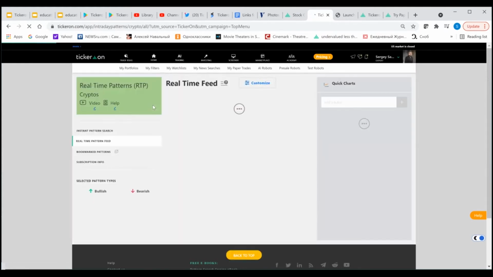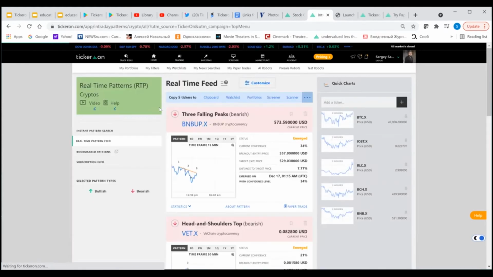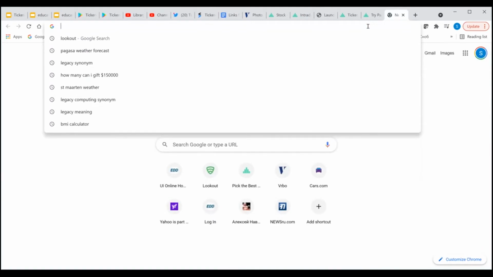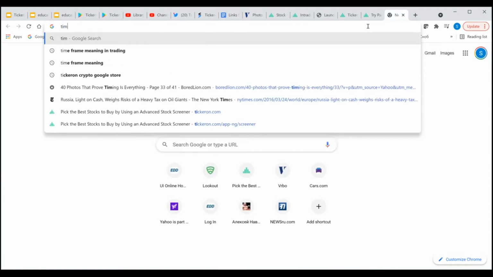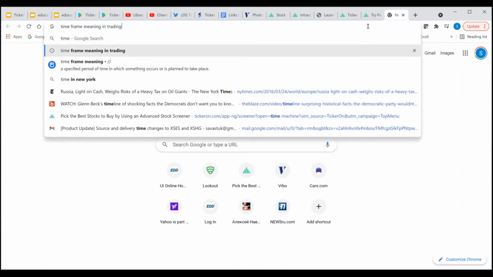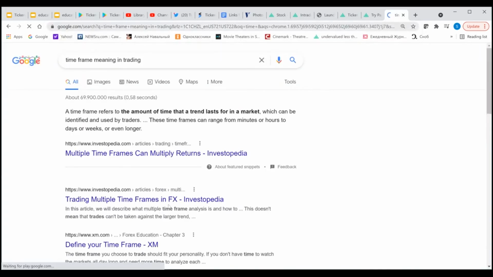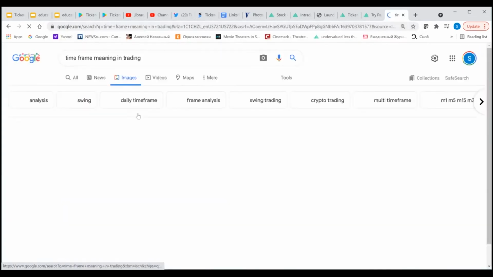Okay, and now, as you can see, it's a different type of setup where we're looking at different time frames. This is a time frame of 15 minutes. In order to understand the time frame, you have to know that every point here is 15 minutes. So let's say I'm going to type here: time frame meaning in trading. Okay, so you're going to look at images.